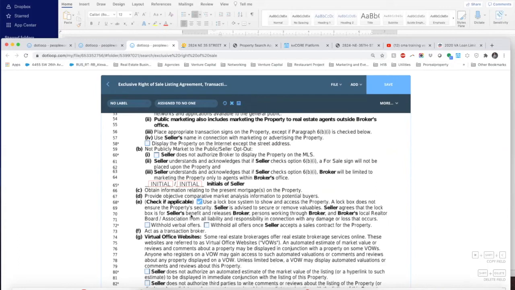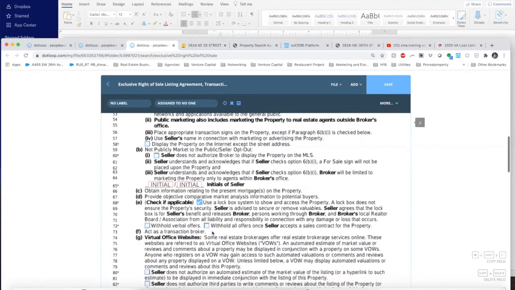Seller agrees that the lockbox is for the seller's benefit and releases broker, persons working for broker, and broker's local realtor board association from all liability and responsibility in connection with any damage or loss that occurs. So basically, it gives us peace of mind and protects us from liability because of the negligence of other brokers, other realtors, and agents who, for example, forgot to lock the door and something is missing. So this paragraph protects us.